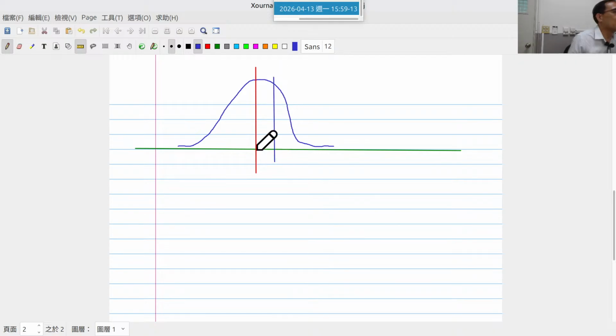And the other one, 265 should be here. And now we got the answer. We know that 280 days and here 265 days.